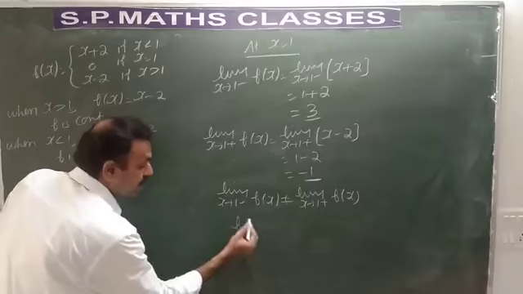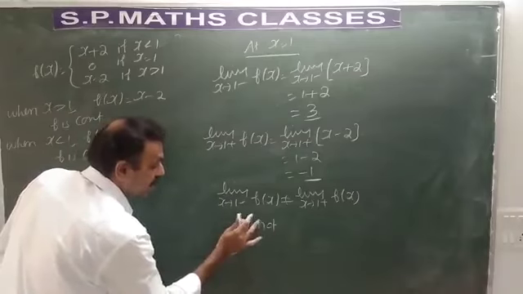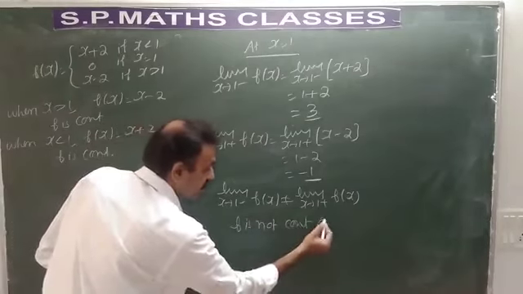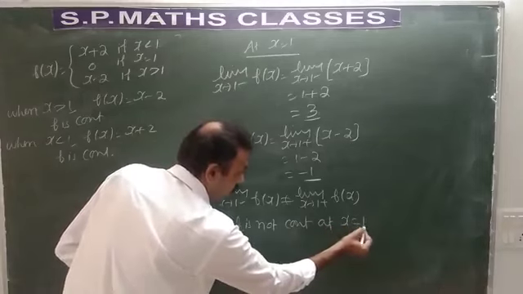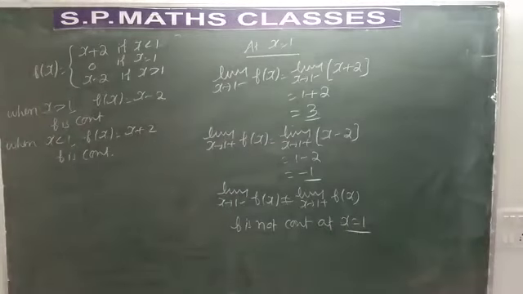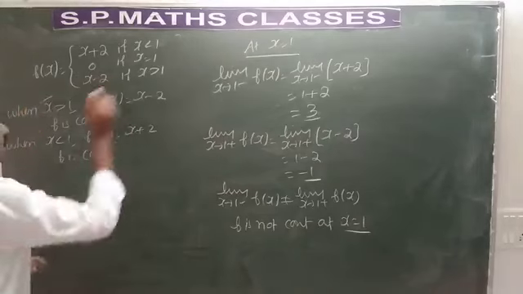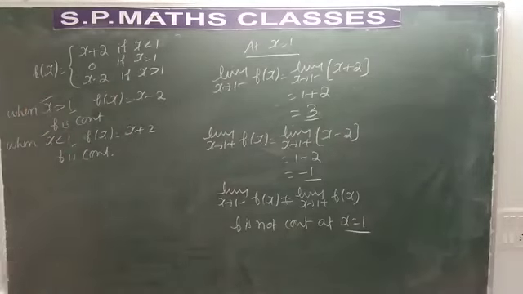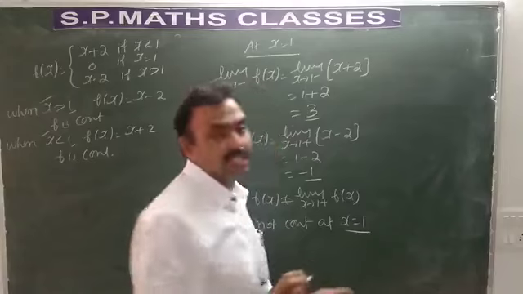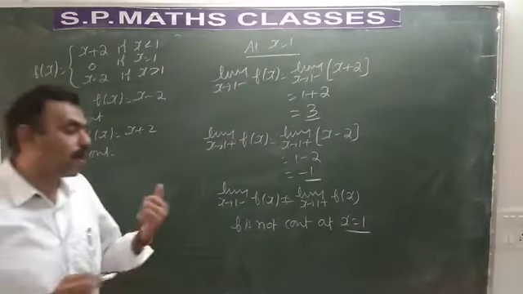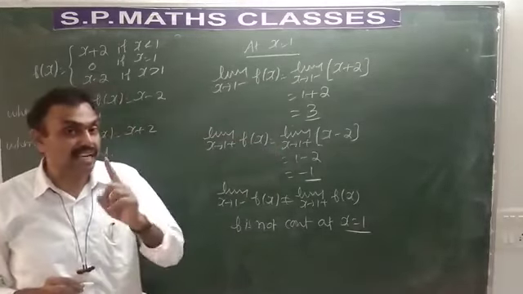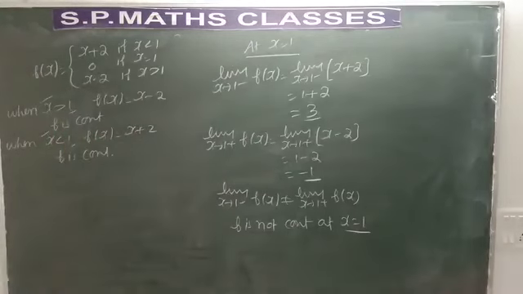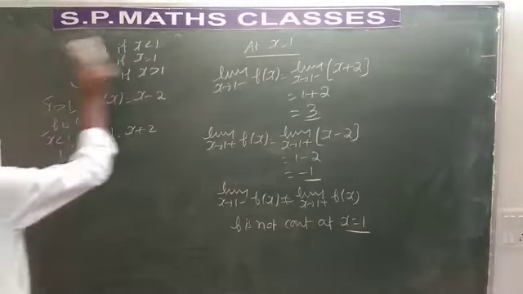I conclude f is not continuous at x is equal to 1. So for x greater than 1 it is continuous, for x less than 1 it is continuous, for x is equal to 1 it is discontinuous. We conclude that the point of discontinuity is x is equal to 1. I move on to the next question.